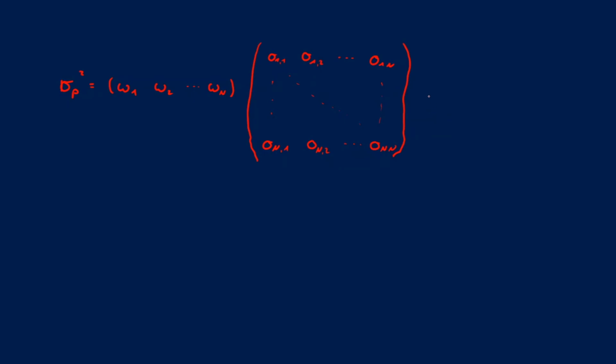So this is our covariance matrix, and of course we have the weights again.